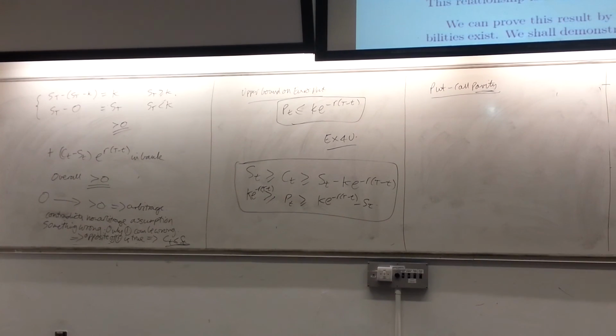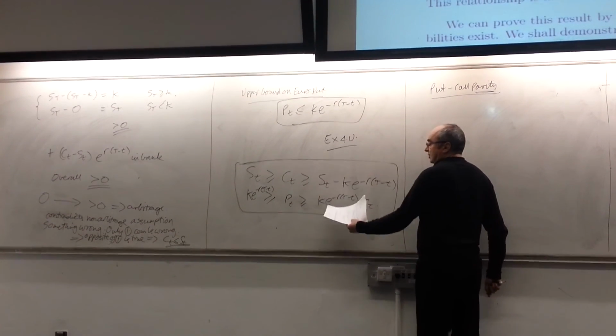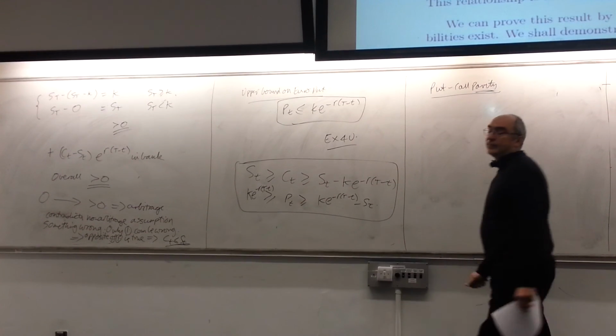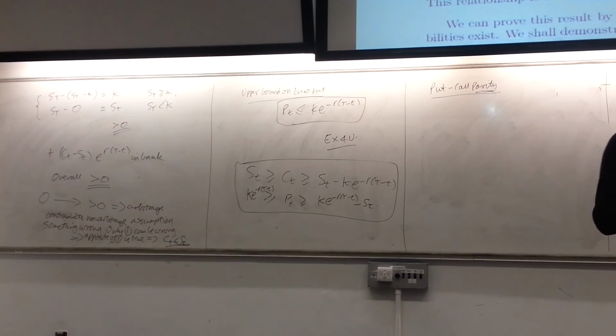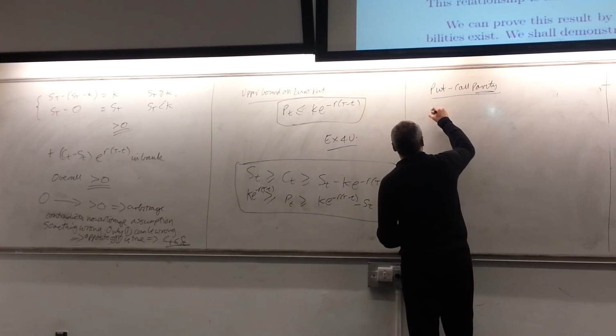So this definitely relates the European call value to the European put value, to the underlying share price and the strike price. It doesn't allow us to determine individually what CT or PT is, but if we know one, this called parity can tell us the other. So this argument runs in a similar way.